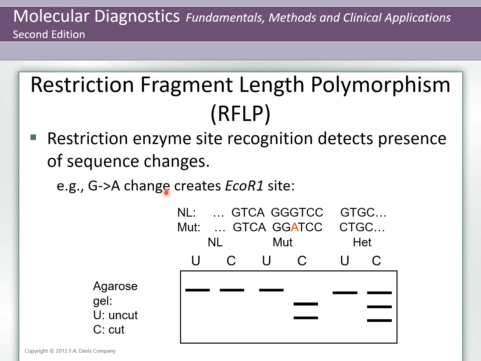The agarose gel panel shows the predicted gel patterns for the homozygous normal, seen here on the left of the agarose gel, the homozygous mutant, seen in the middle, and the heterozygous sample. Each is also shown as an uncut fragment and a cut fragment.